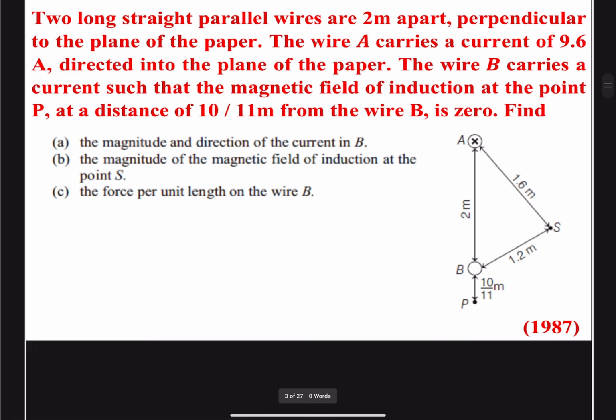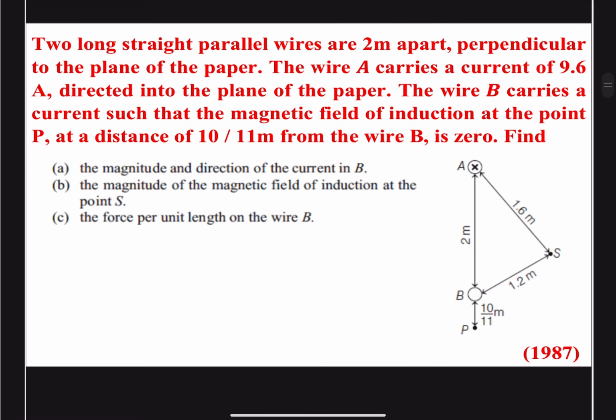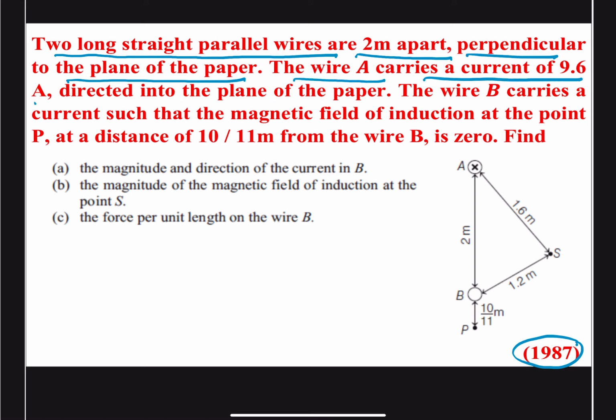And here it was asked in the year 1987, and it states that two long straight parallel wires are 2 meters apart, perpendicular to the plane of the paper. The wire A carries a current of 9.6 ampere directed in the plane of the paper.